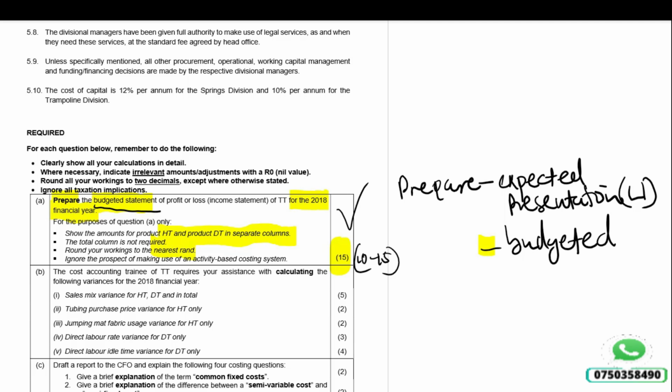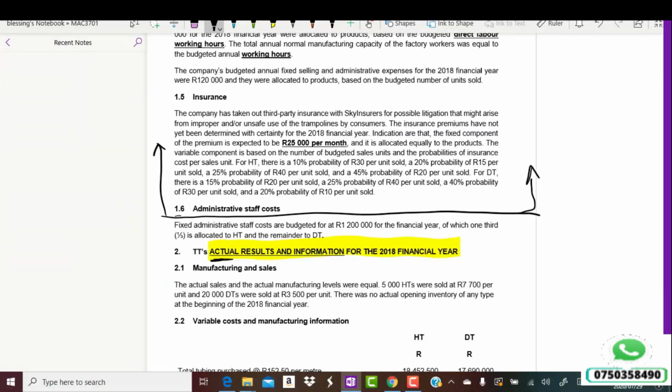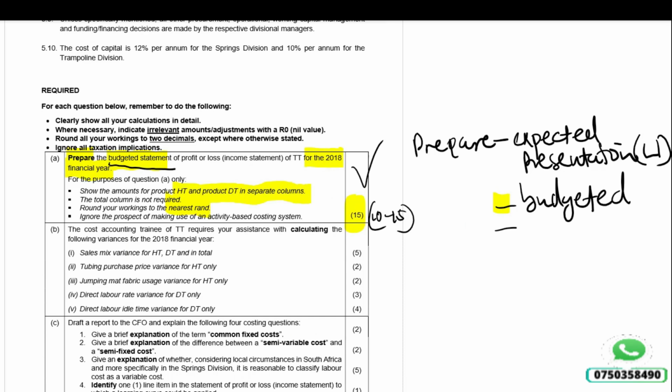So this is how important this topic is. If you want to do your research, go through the past exam papers and you will find this question has always been there. And this is for the 2018 financial year.